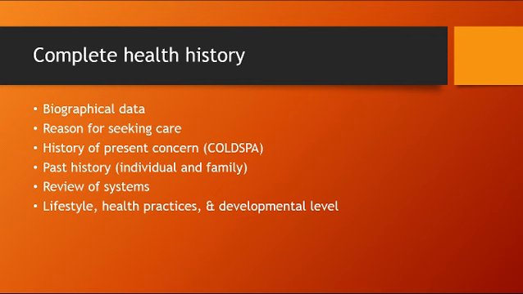And you'll do COLDSPA not only on the history of present concern, but on each of the symptoms they have. And then you'll also want to get the past history, both for them and the family. Review of systems. Remember, that is where, say they came in for abdominal pain, you start asking about, have you had, and you list various things they might have had, like any dizziness, any pain and headache, any eye pain, maybe do head to toe type order.